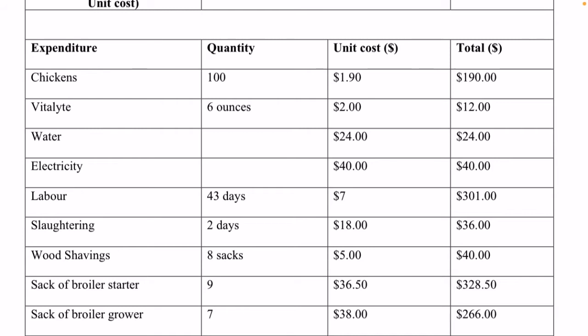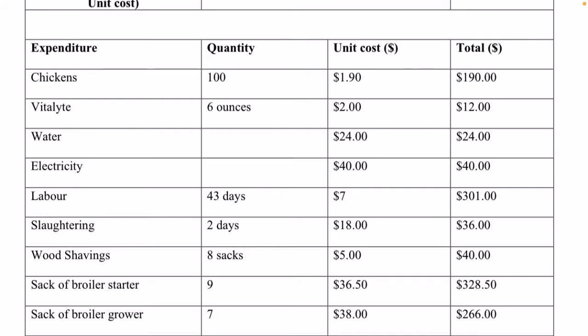Slaughtering, 2 days, etc., etc. You would not see a quantity here for water and electricity simply because we do not have a separate meter, or there might not be a separate meter where you can accurately account for how much units were used, but an approximation within range can be used.